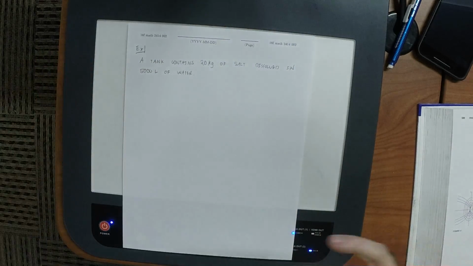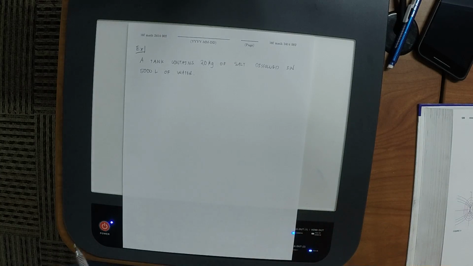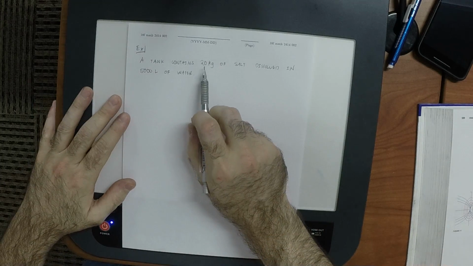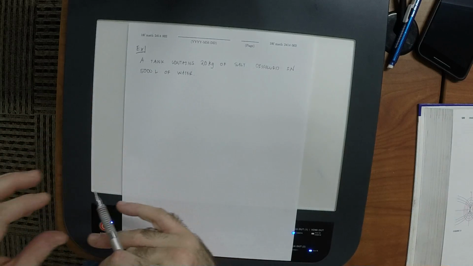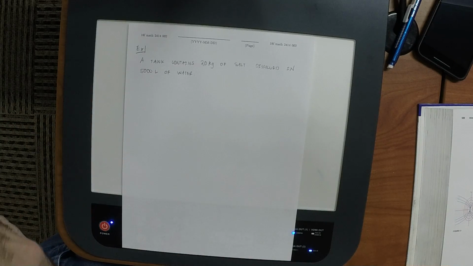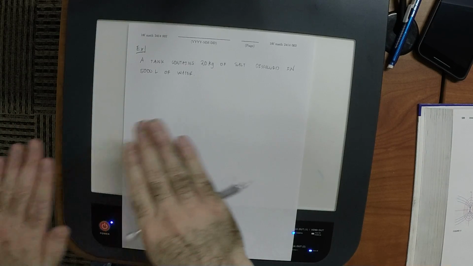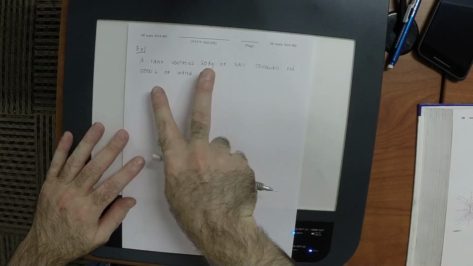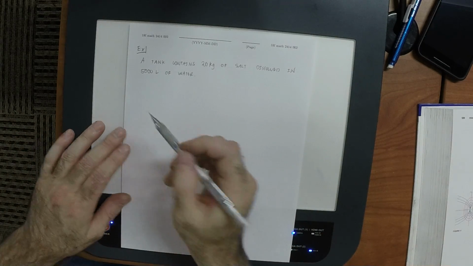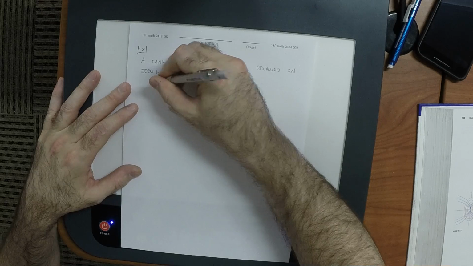And you're to interpret that as that 5,000 liters includes the 20 kilograms, right? Because when you pour in salt, it does increase the volume just a little bit, but that's not relevant. The volume of the solution is 5,000. So we've got some tank here.